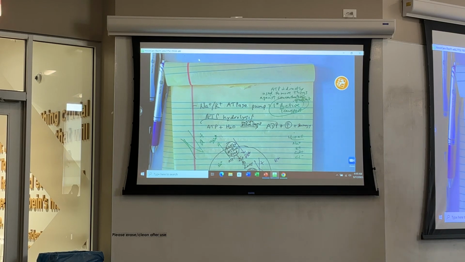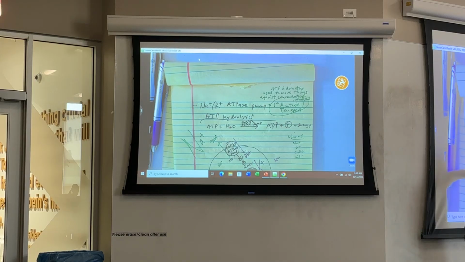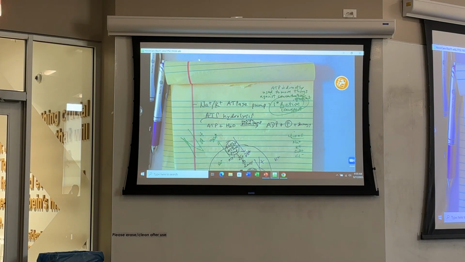Sodium, the large driving force, will go from outside the cell to inside the cell because of the concentration gradient, and then it's so powerful we can pull either amino acids or glucose into the cell against their concentration gradient. So secondary active transport takes advantage typically of the sodium concentration gradient to pull things into the cell against their concentration gradient.